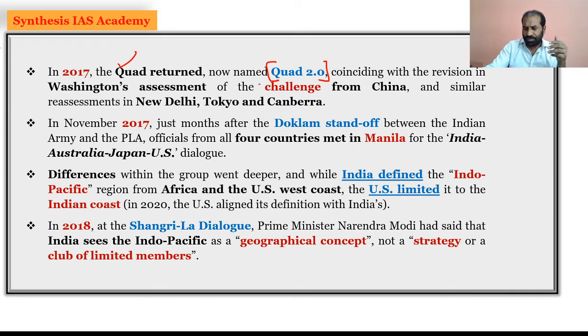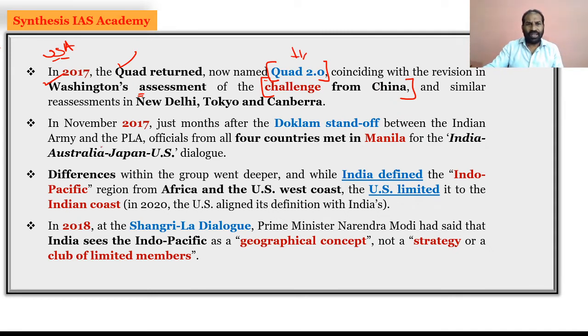When this materialized as Quad 2.0, here again it was Washington's assessment, the US assessment. Earlier, in the year 2008, it wanted China to be part of the six-party talks to have a discussion with North Korea, and later on once everything went off, in the year 2017 it was Washington's assessment that there would be a challenge from China, thereby the concept of Quad 2.0 has come onto the table once again.